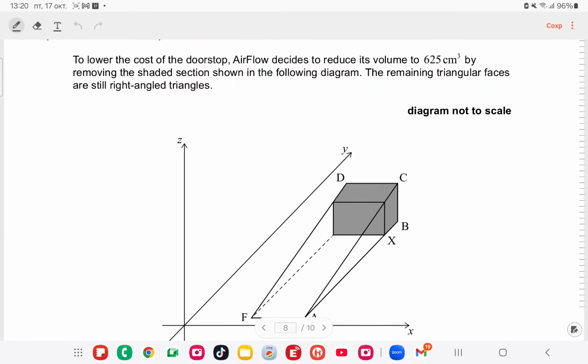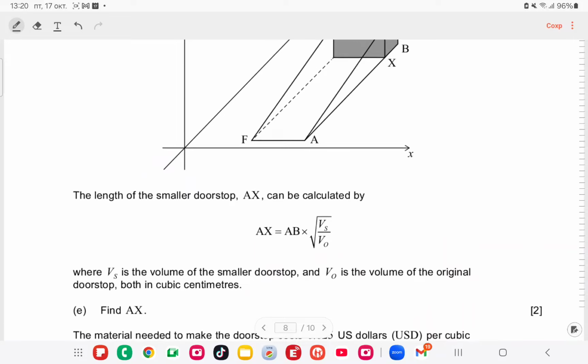To lower the cost of the doorstop, Airflow decides to reduce its volume to 625 centimeters cubed by removing the shaded section as shown in the following diagram. So this shaded shape should be removed. The remaining triangle faces are still right angle triangles. Now let's read the question.